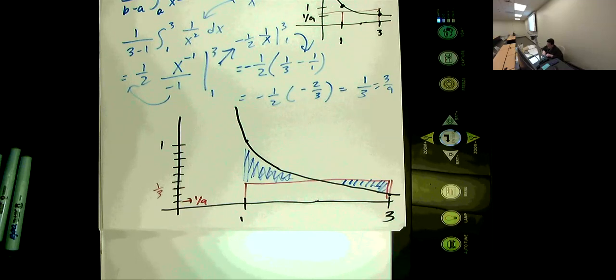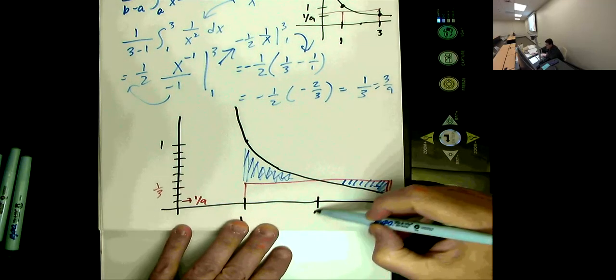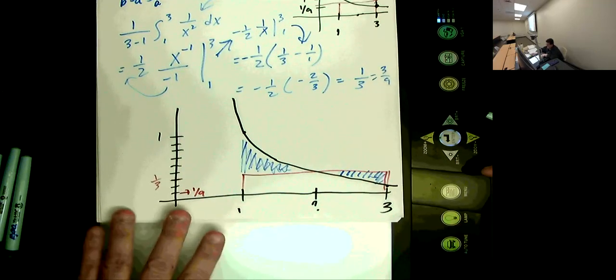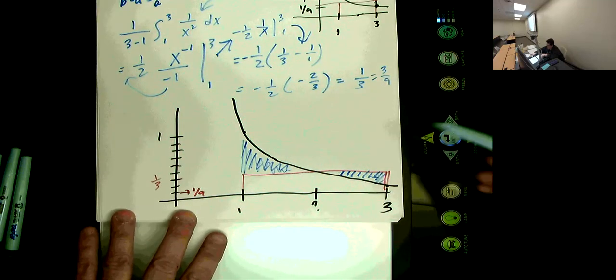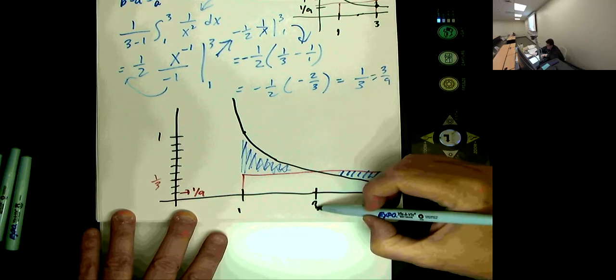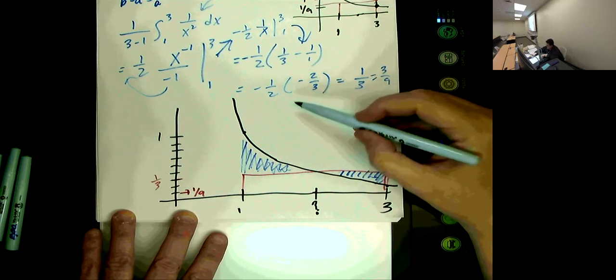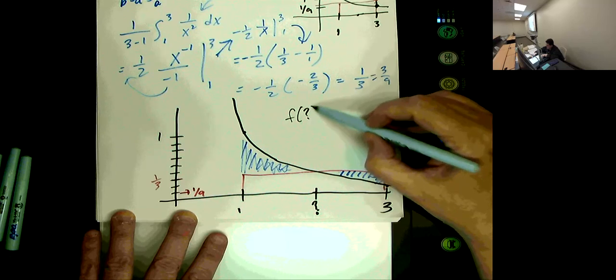How can I figure out where that value occurs? What is this value? That's a question mark if you can't tell. Well, f of question mark should be 1/3.